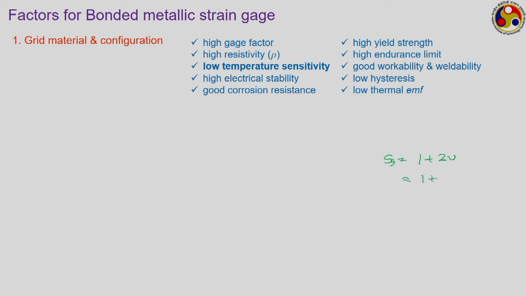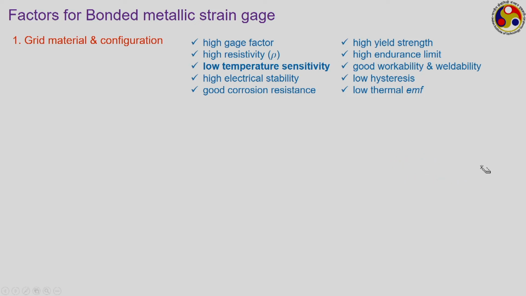So, this comes to 1 plus 2 into 0.5, giving you 2. That is the most common reason for the gauge factor being around 2. But if nu changes, or if the resistivity changes with strain, then its value can be something else, but that is something that happens to semiconductor strain gauges in particular.